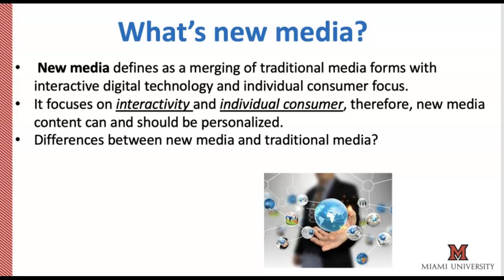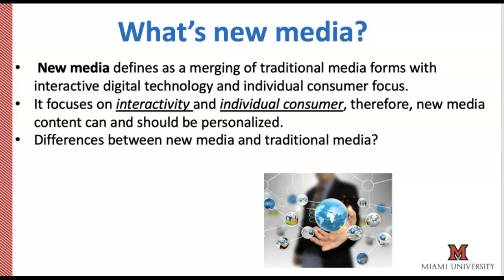From this definition, what made new media unique is that it can enhance interactivity, and you can personalize messages instead of just sending a message out to broader audiences. With new media we are able to personalize the message and content and send it to particular customers. This is very different compared to traditional media.